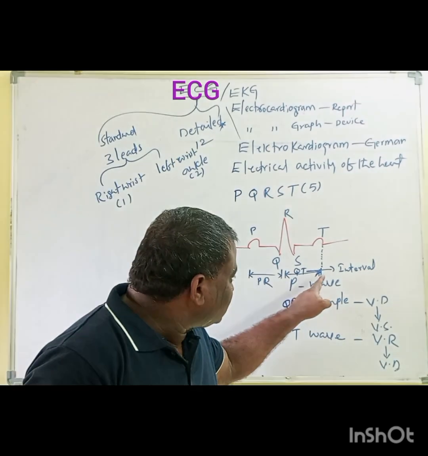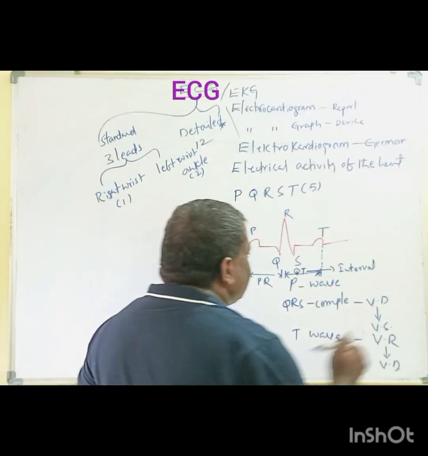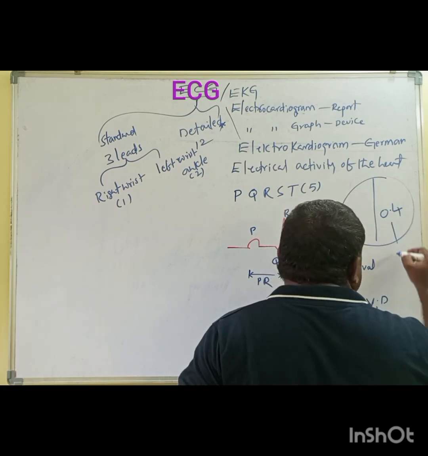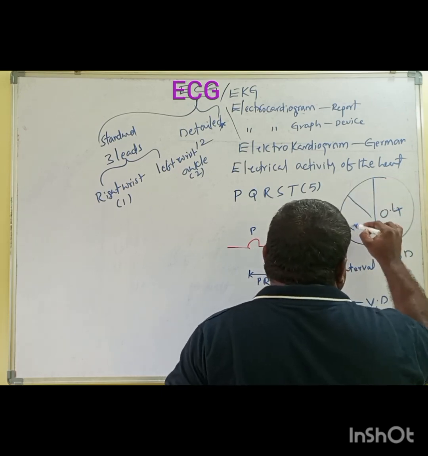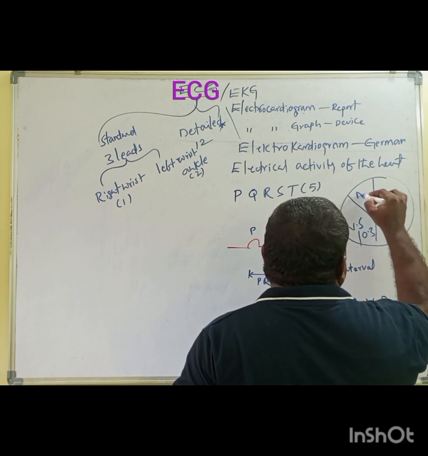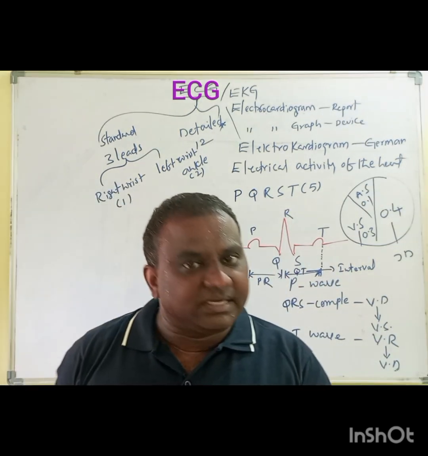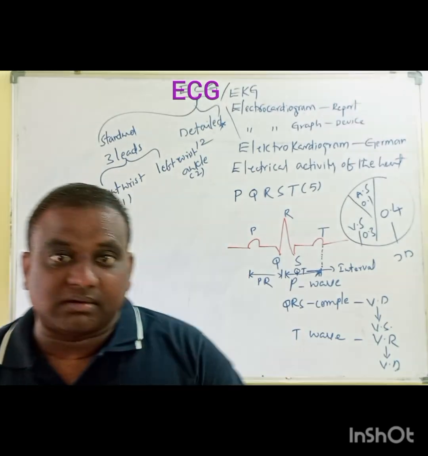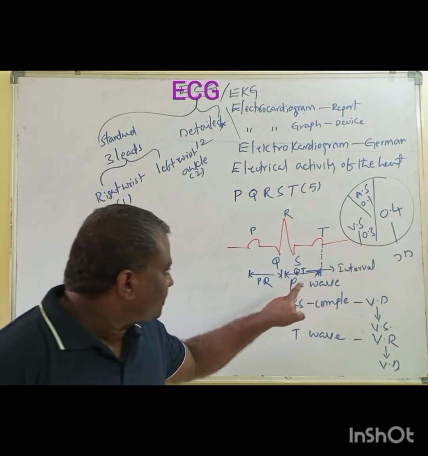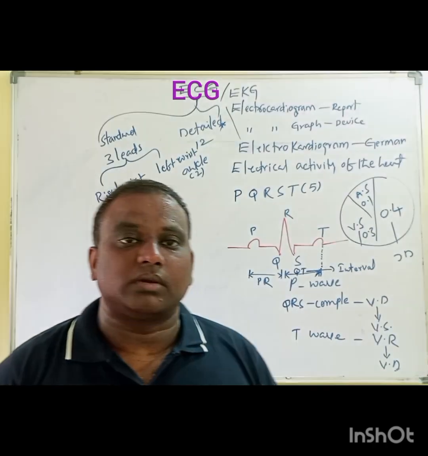When you look at the entire cardiac cycle, it is 0.8 seconds: 0.4 seconds is joint diastole, the ventricular systole takes 0.3 seconds, and the atrial systole takes 0.1 second. Excitation or depolarization takes microseconds, but contraction, which is a mechanical event, requires some duration of time. So the QT interval indicates ventricular systole or ventricular contraction.